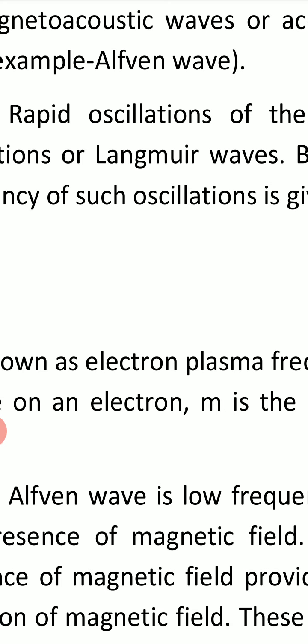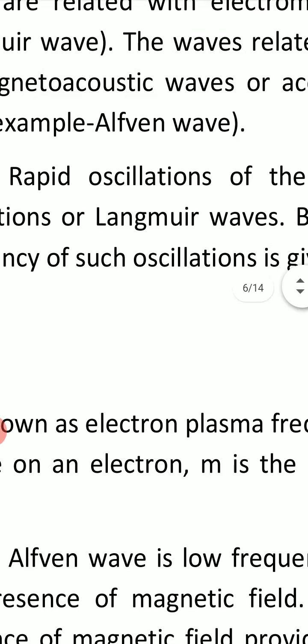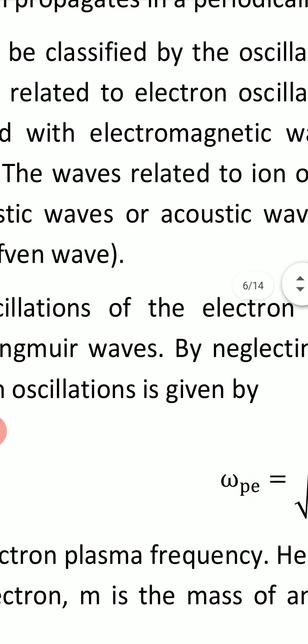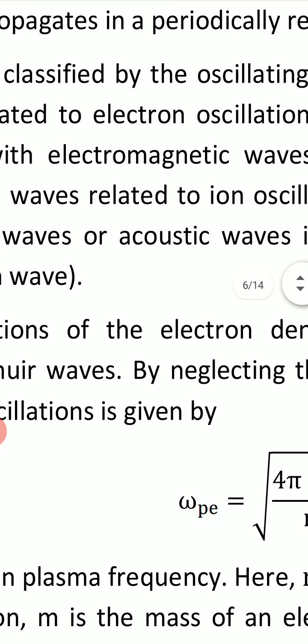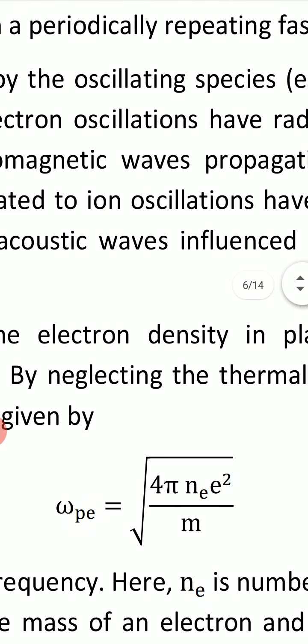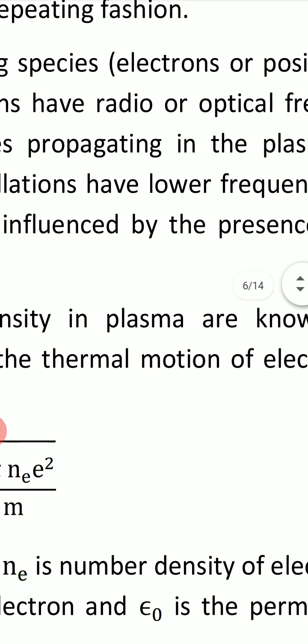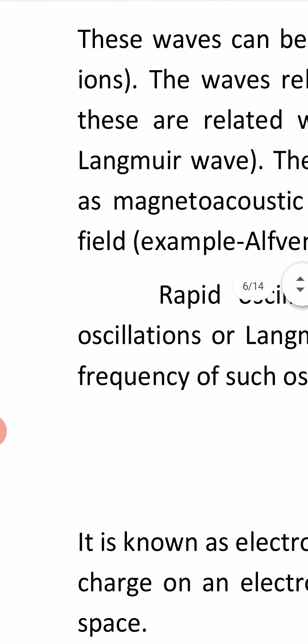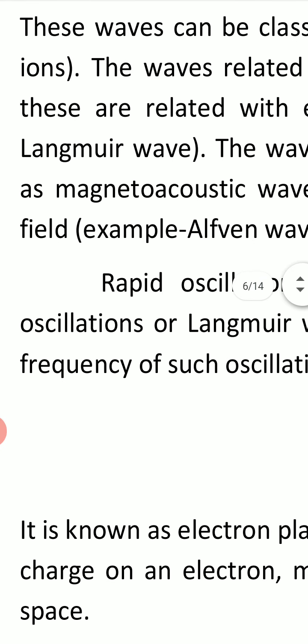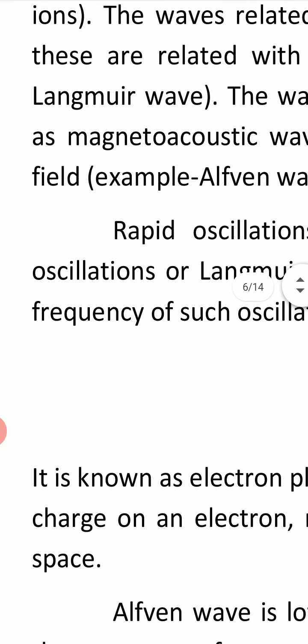So, according to oscillation of species, we can divide the oscillations in plasma in two categories. One is oscillations of electrons and the other is oscillations of positive ions. Due to oscillations of electrons, high frequency, radio or optical frequency waves are produced. Example is Langmuir wave.